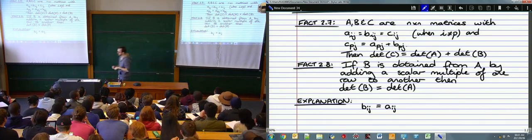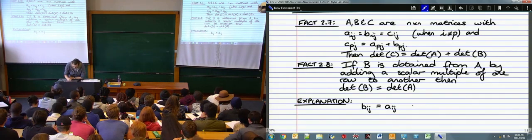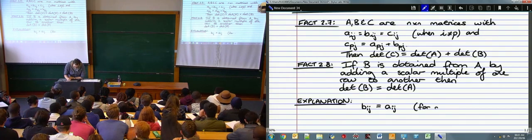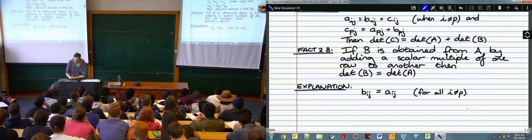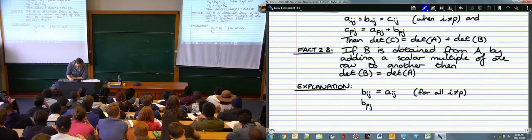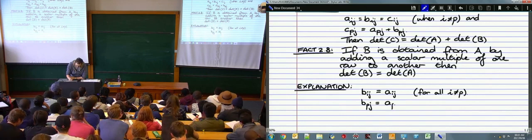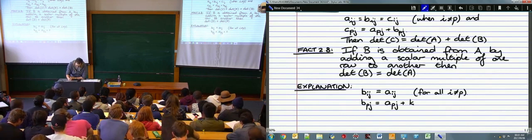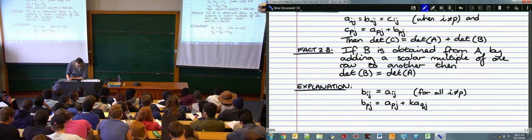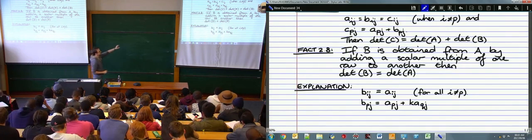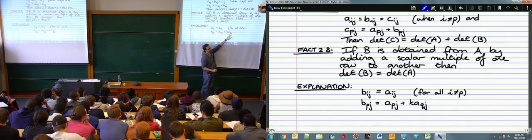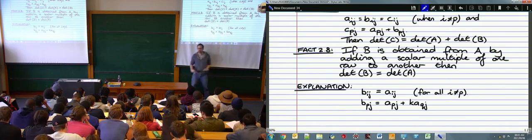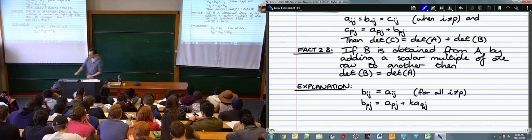So let's say it's row P. For all i not equal to P, and Bpj will be equal to Apj plus k times Aqj. So this is the result. These will be the entries in the matrix B if we've added k times row Q to row P.